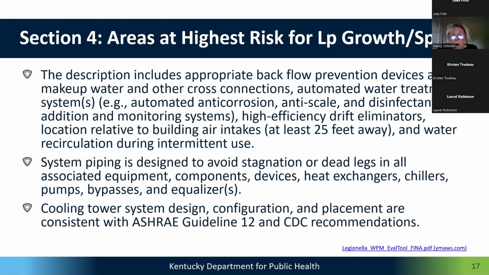And that you have water recirculation when use becomes intermittent. Is your system piping designed to avoid dead legs, looking at every part of it? And then does your cooling tower system comport with ASHRAE Guideline 12 and the CDC recommendations for cooling towers?